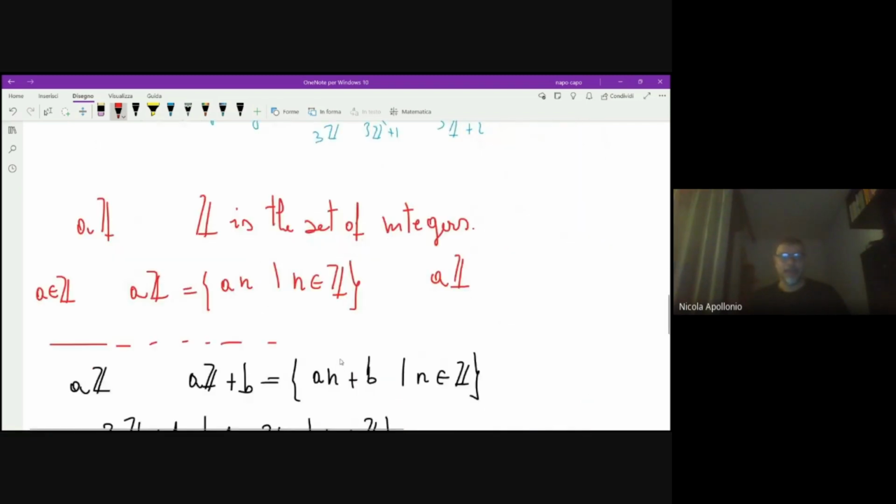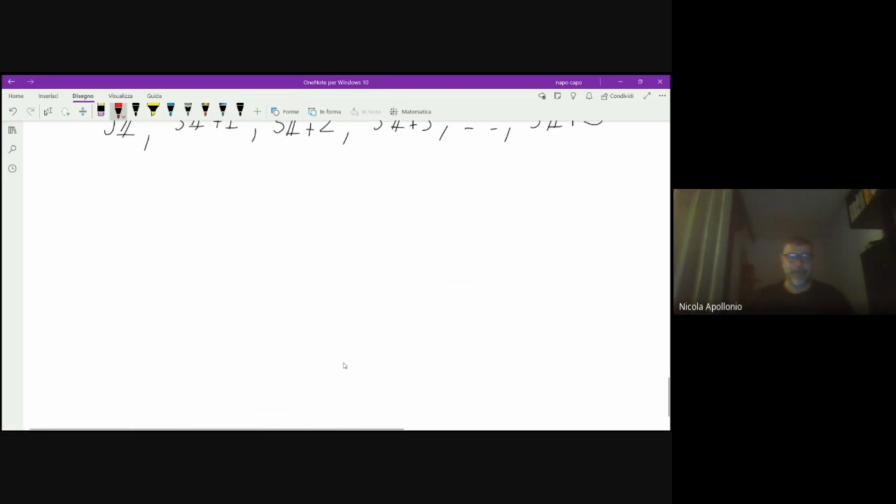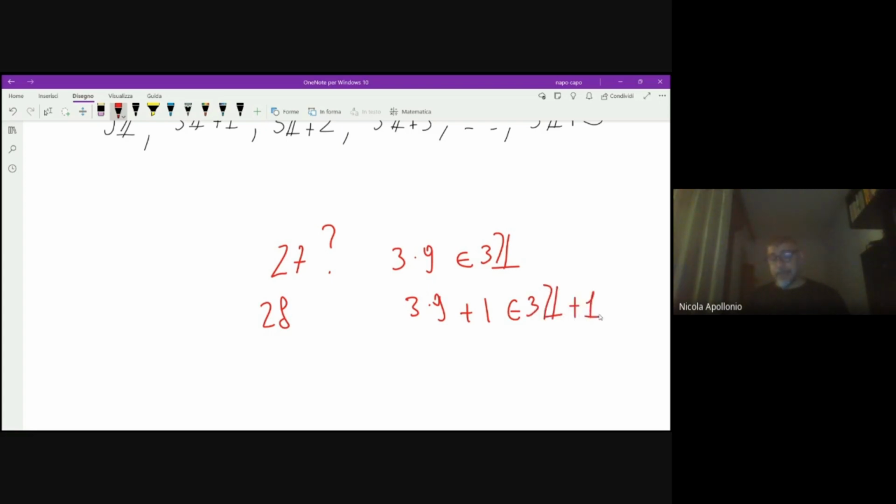And 27, to which coset does 27 belong? 27 is 3 times 9, so it belongs to 3Z. And 28 is 3 times 9 plus 1. It belongs to 3Z plus 1.